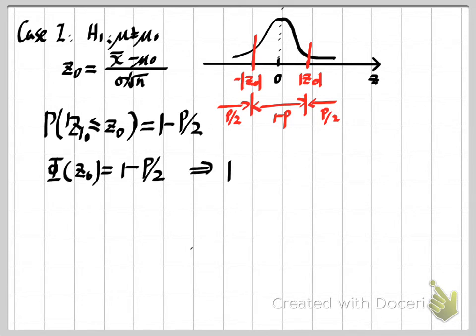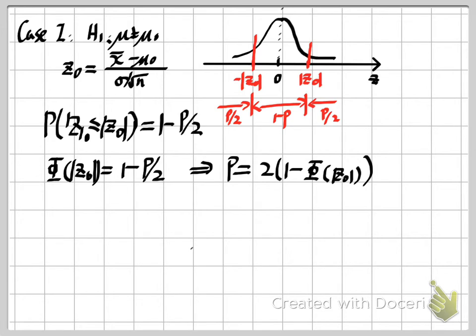By our notation of the CDF of the standard normal random variable, we can denote this probability by phi of small z0. So this equals 1 minus p over 2. Based on this equation, we get the p-value equal to 2 times 1 minus the CDF of z0. Remember this z0 is the absolute value of z0, so it should be greater than 0. Okay, so this is how we can compute a p-value for a two-side test.